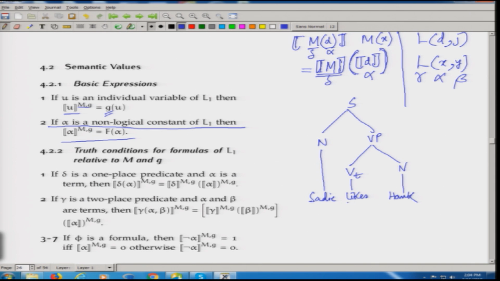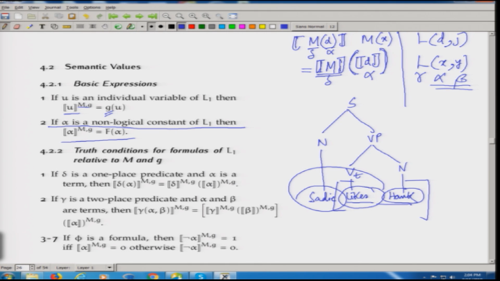In this case, you see the combination is like this. The object first unites with the VT or the 2 plus predicate, and then this combination takes the subject.